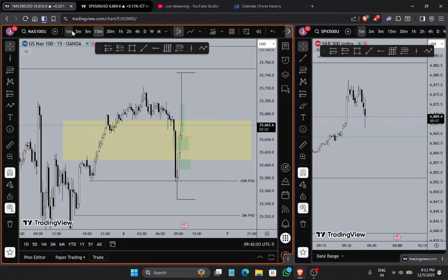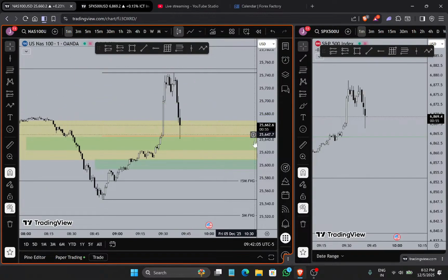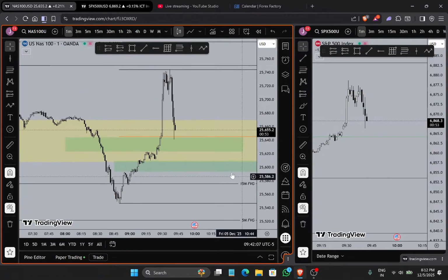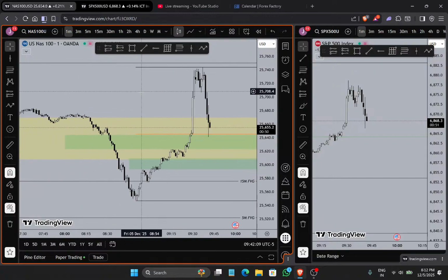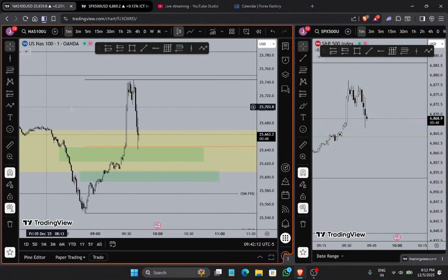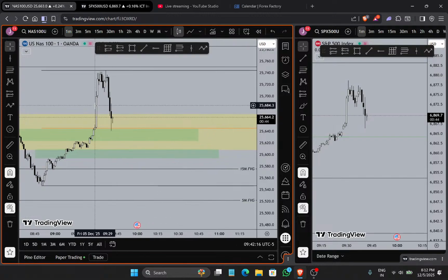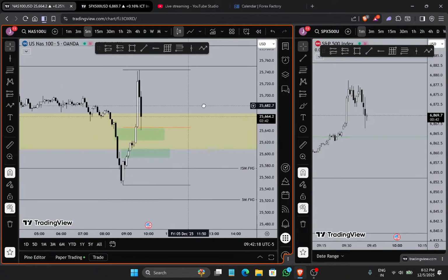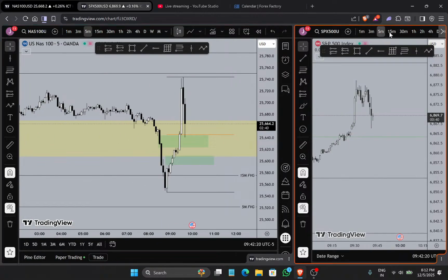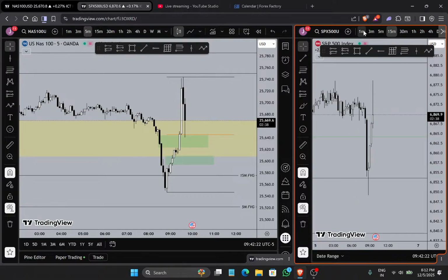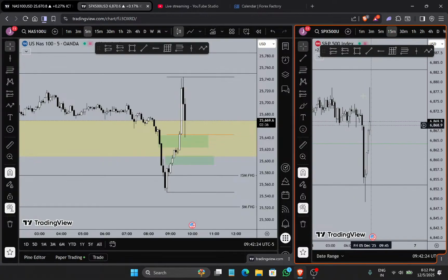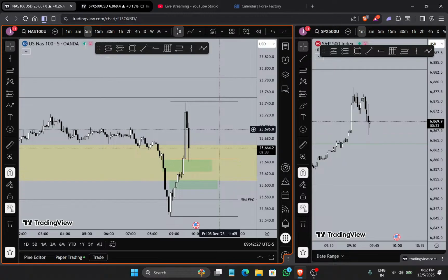Look at that rejection, great. In my opinion, this is the best level to long. We're also going to close the 60 minute high.